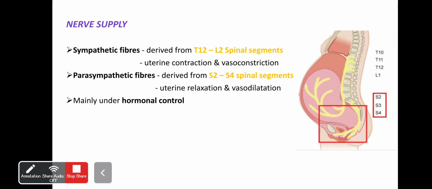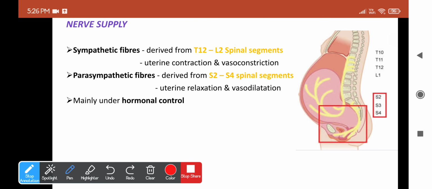Going to the nerve supply, the sympathetic fibers are derived from T12 to L2 spinal segments, and the parasympathetic fibers are derived from S2 to S4 spinal segments. The sympathetic fibers are mainly responsible for uterine contraction and vasoconstriction, and this mainly includes the inferior hypogastric plexus of nerves.